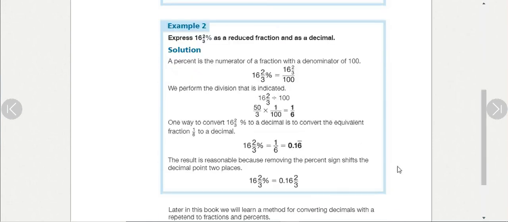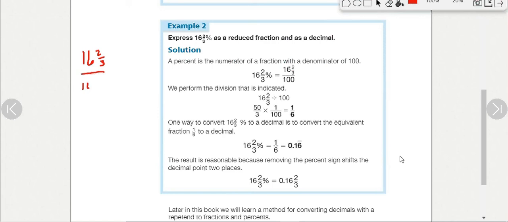Express 16 2/3% as a reduced fraction. So we're going from percent back to fraction. Instead of multiplying by 100%, if we're reducing it into a fraction, we're going to divide by 100%. So 16 2/3, let's go back.